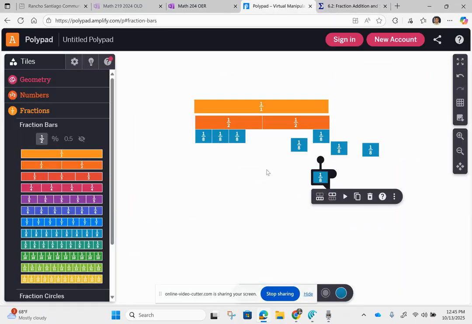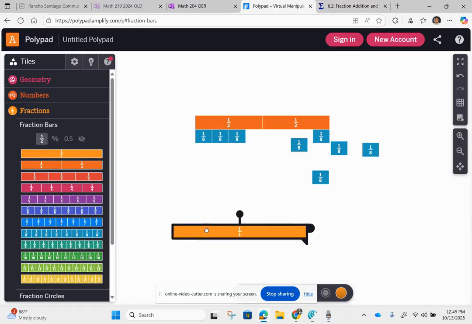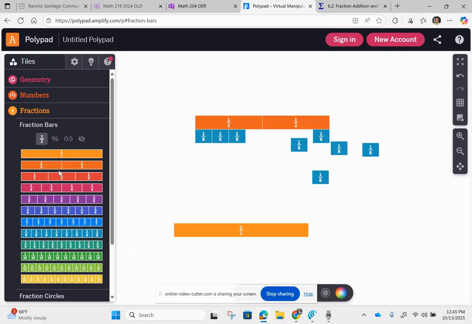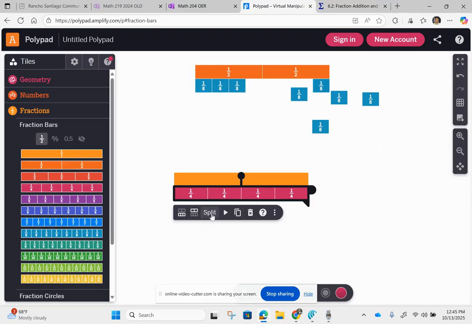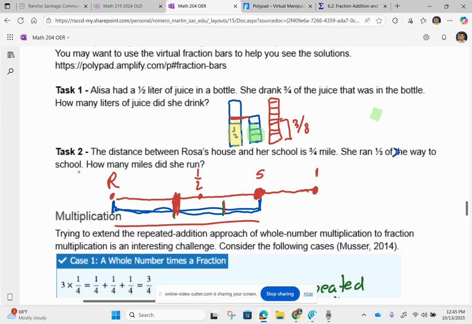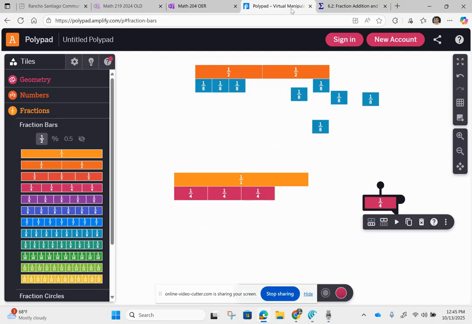So if we could do that again, let's see. There's the full mile. Her school is 3/4 of a mile away. So there's that. Let me break that up, split that. So there's the school now. And then she runs 1/3 of the way.